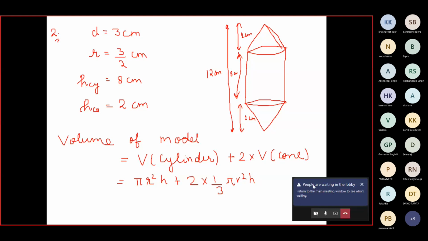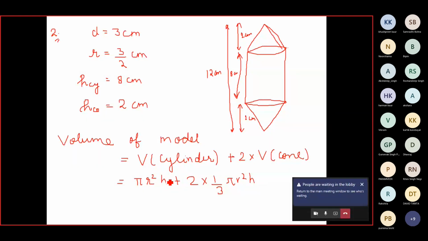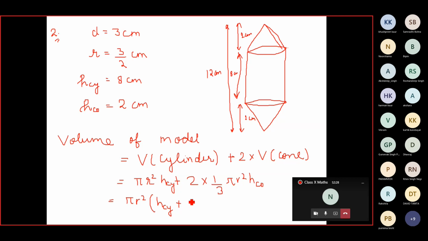But here is one catch: the height of the cylinder is different and the height of the cone is different. So pi r square is the same in both terms, so we can take pi r square as common. It will be remaining with height of the cylinder plus 2 by 3 into height of the cone.